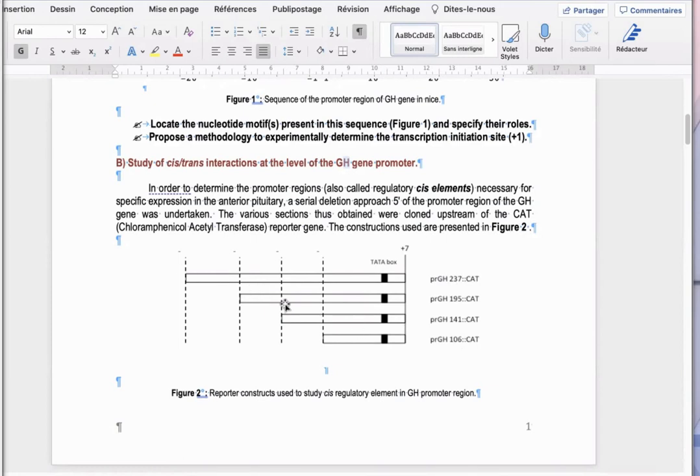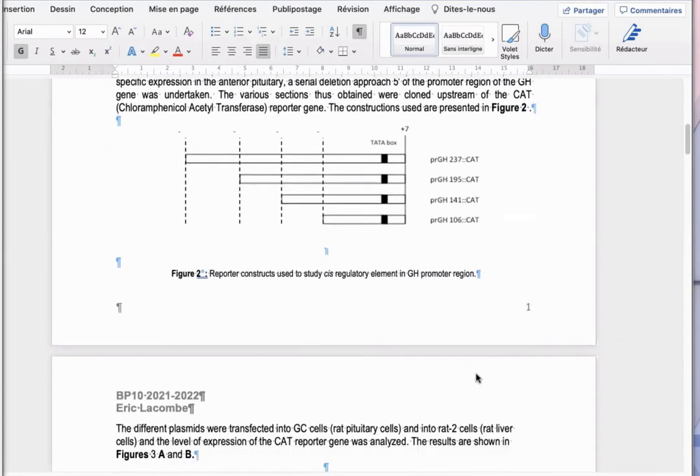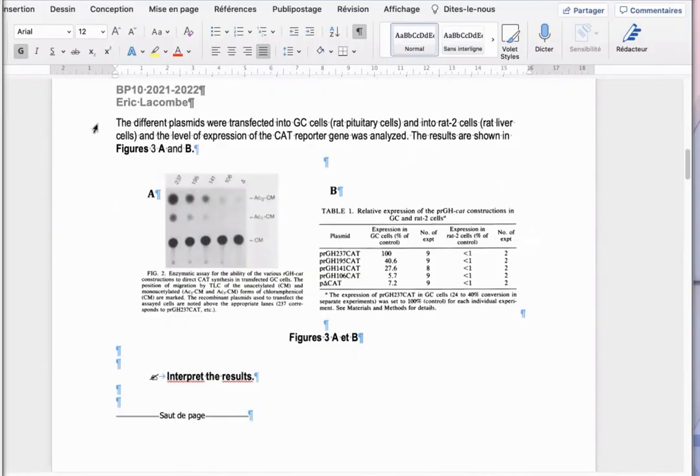Okay, so they generate these constructs and clone them in different plasmids, and they use these different plasmids to transfect two types of cells. So this is cell culture, and they monitor the expression of the reporter gene.